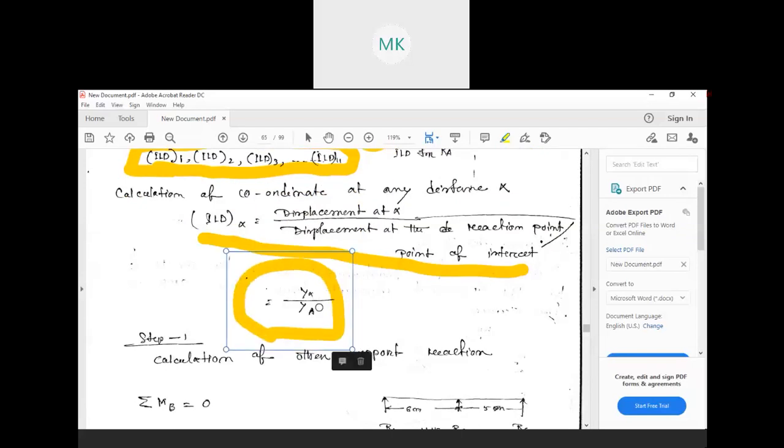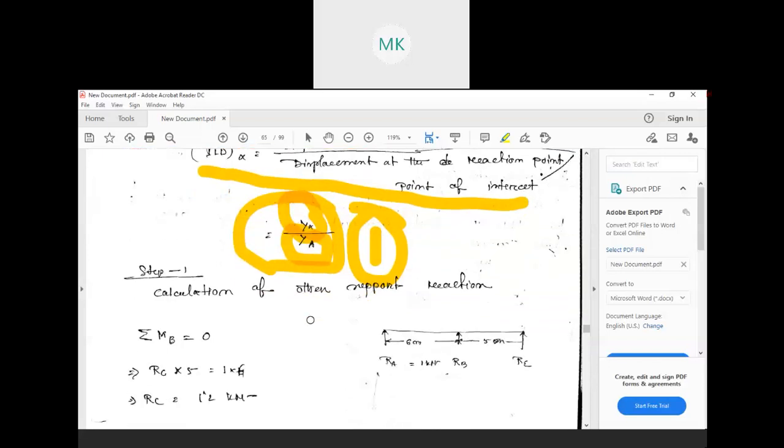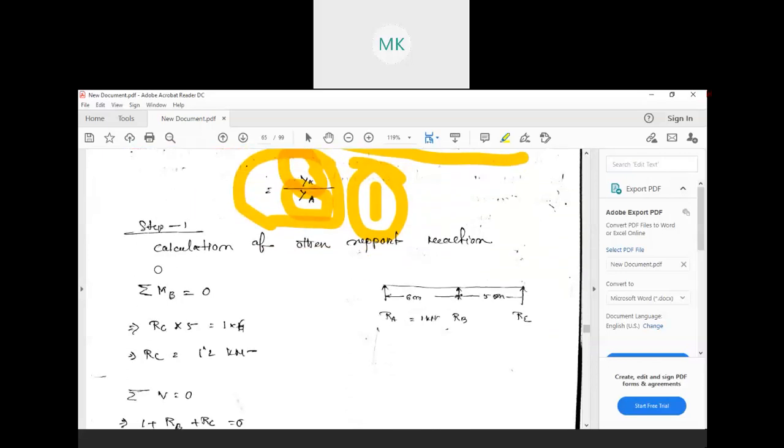Remember, this ya is always fixed because we are assuming ya as 1 unit, but this yx will change from 1 up to 11 meter. In this numerical, we need to change the yx value from 1 to 11, but ya we have already assumed as 1. There are some steps for how we need to find this. In step 1, calculation of the other support reaction.